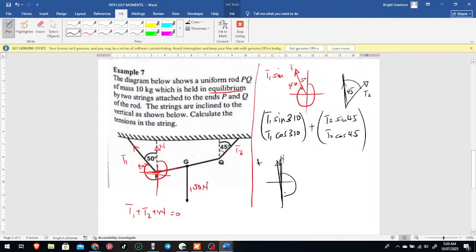So the weight is 100 sine 180, 100 cos 180. And let's add all of them. We get two simultaneous equations.